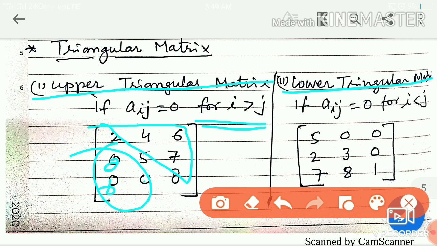Similarly for the lower triangular matrix, the diagonal elements and those below the diagonal are other than 0 and the other elements are 0, then only it is called a lower triangular matrix.